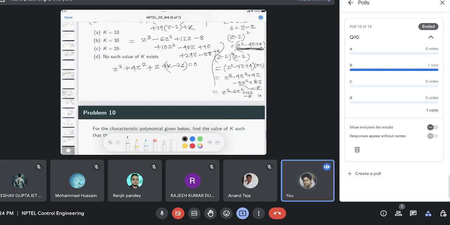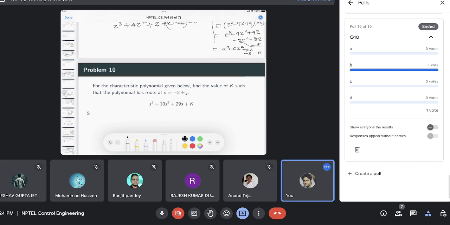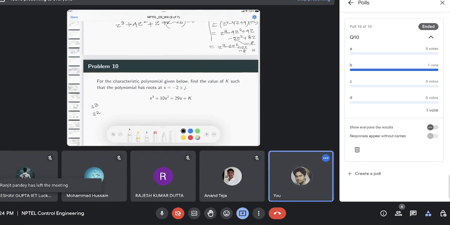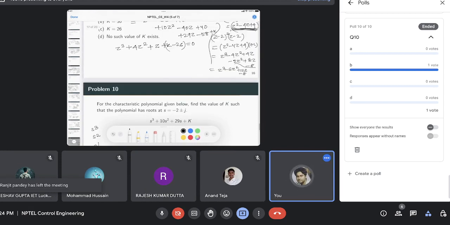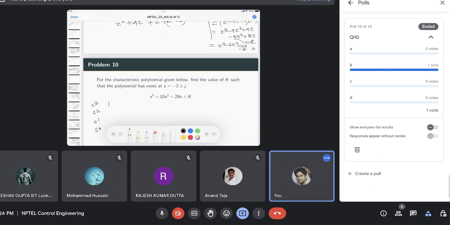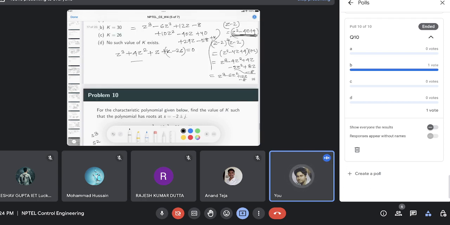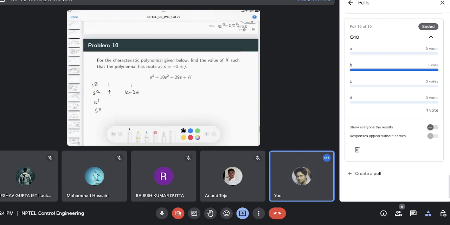So you just write the Routh-Hurwitz table for this. So you have s cube, s square, s1 and s0. So it is first 1 and 1, and 4 and k minus 26. So you complete this.